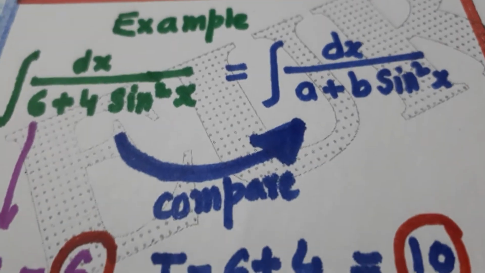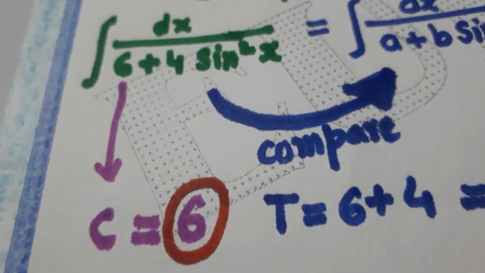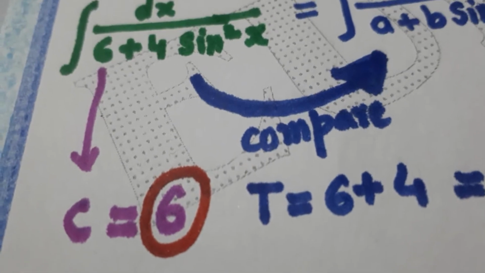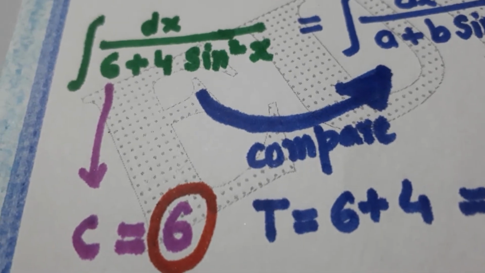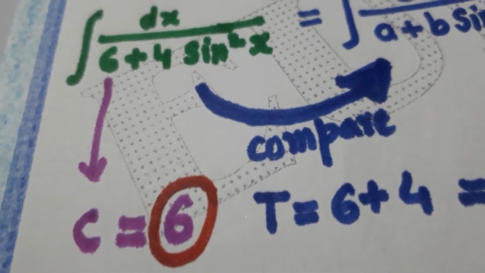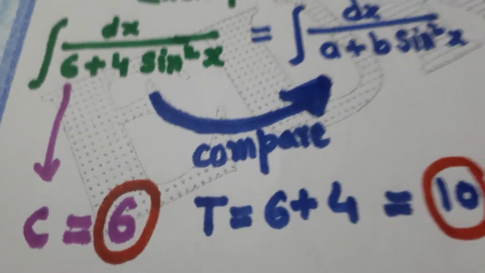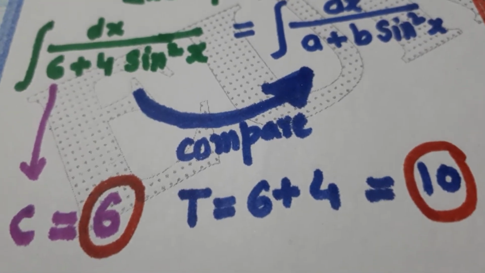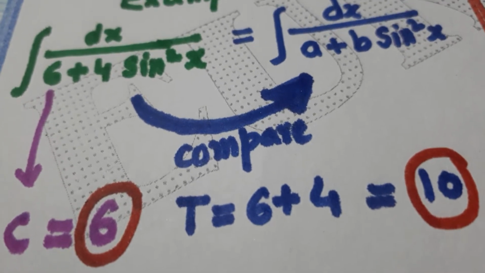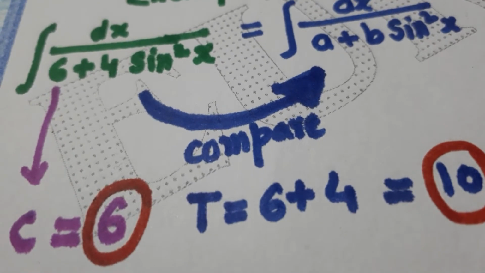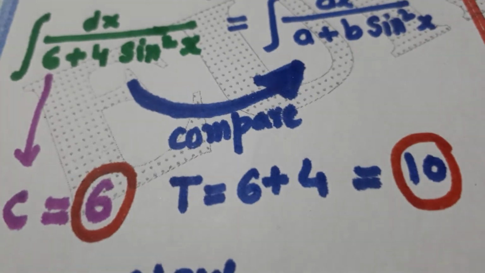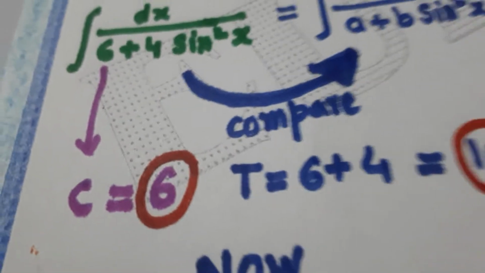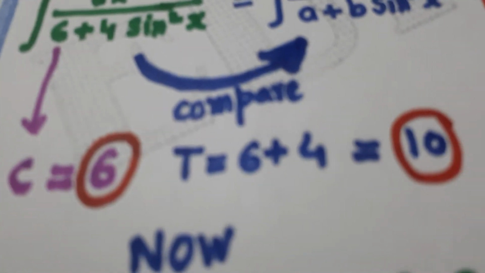Look here, C stands for constant term. This pinkish color denotes C. 6 is C, that is constant term. And what is T? These 6 plus 4. In this case, the numbers are 6 and 4. You have to take their total. So it becomes 10.